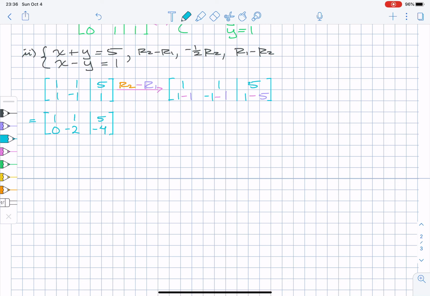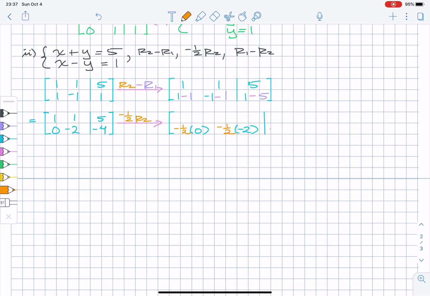Okay, so now I'm going to do negative 1/2 row 2. So row 2 is changing, so I'm going to have negative 1/2 times 0. I will have negative 1/2 times negative 2, augment.